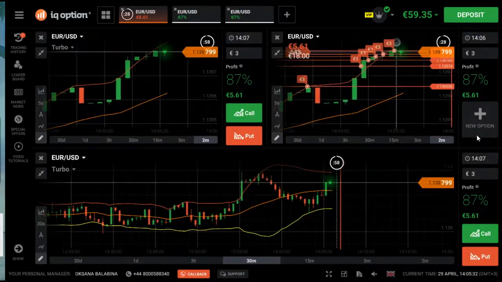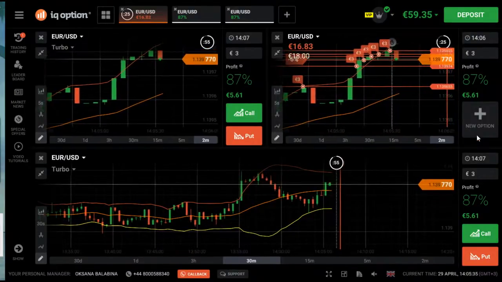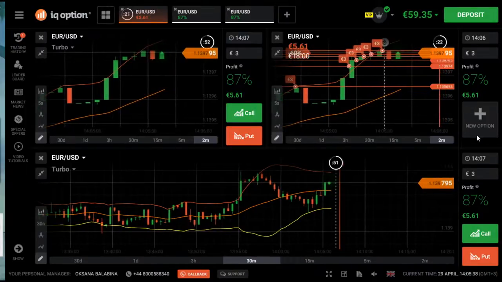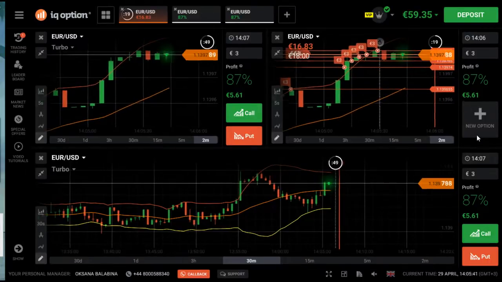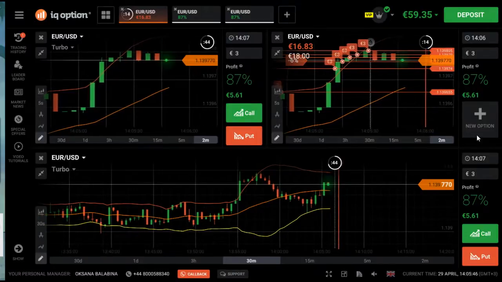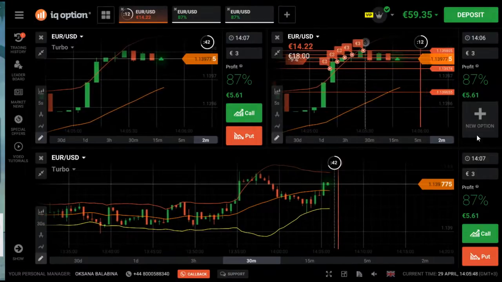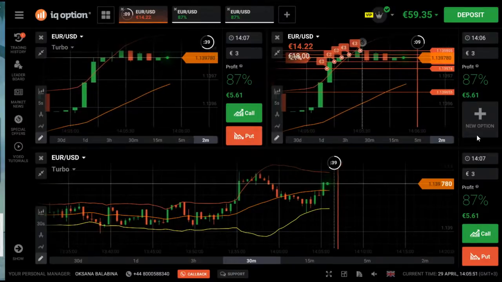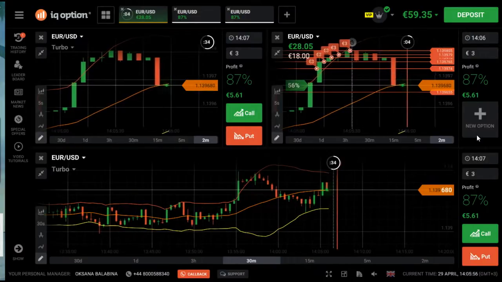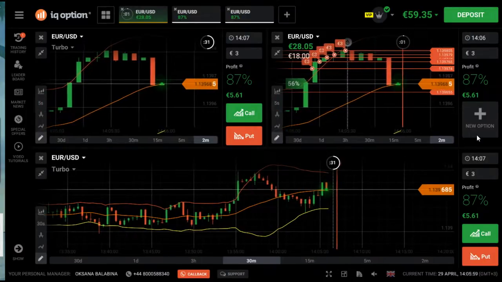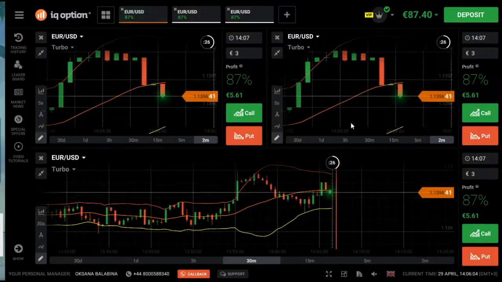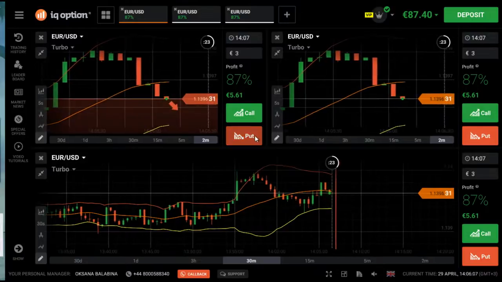So now all these nested, 6 nested reversal positions may not win them all, but it may be good enough not to lose. So finally this green has reversed. So that's what I'm doing with this experiment.